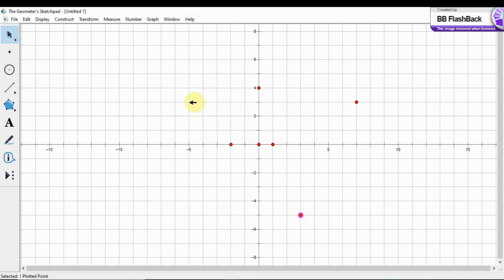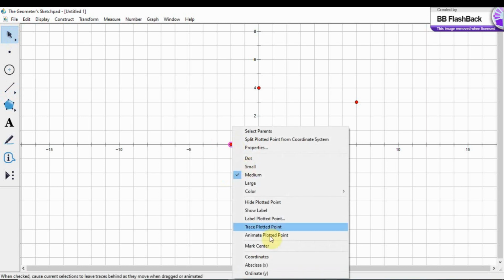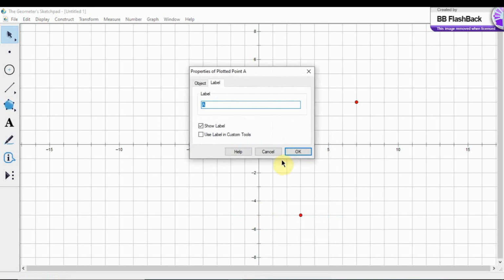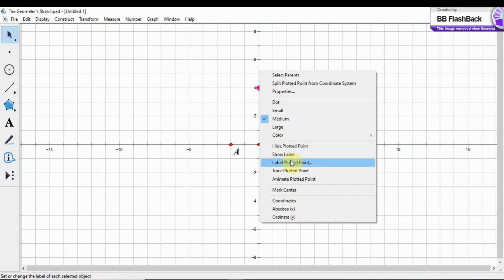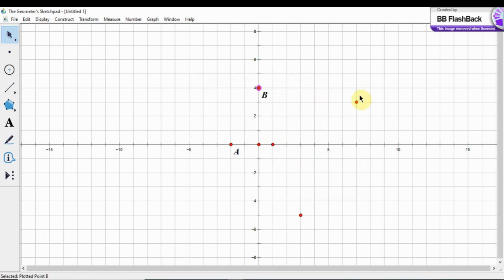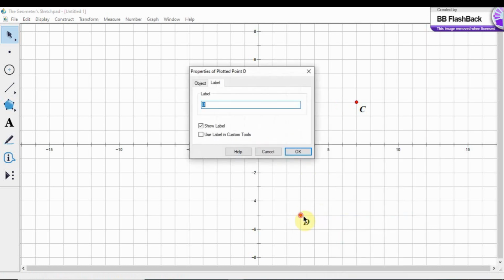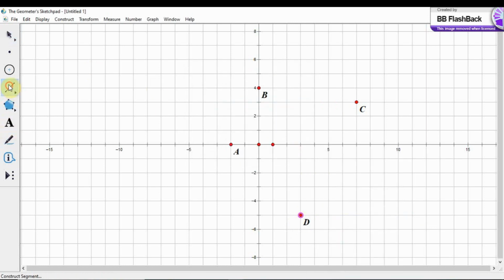So those are the 4 points that we have, and I'm going to label them now: A, B, C, and D. Now that we have our points labeled, if we connect them, this is what we have.